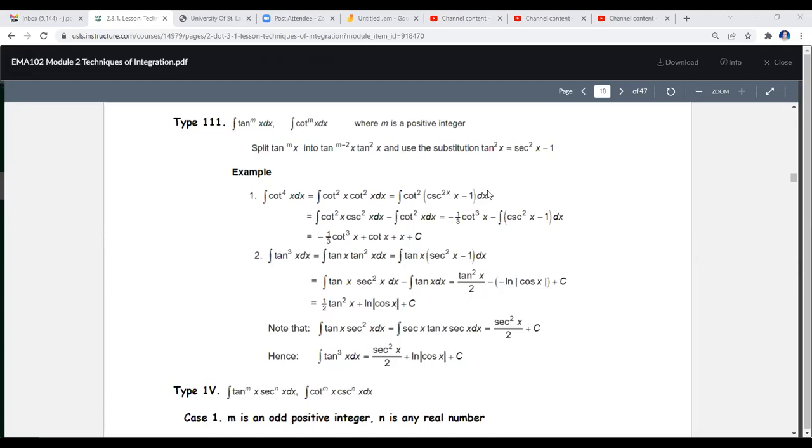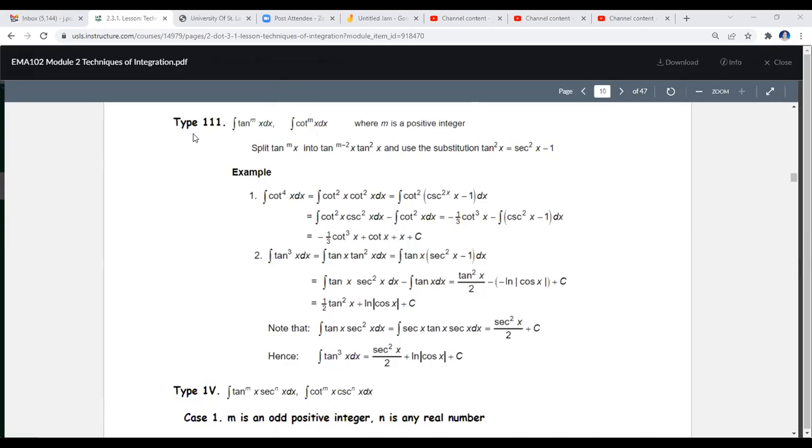Here, the exponent m of this tangent or cotangent function has to be a positive integer. So it's not limited to a positive odd integer. It's not limited to a positive even integer. The only requirement is that m should be a positive integer, meaning a positive whole number. M cannot be negative under type 3.